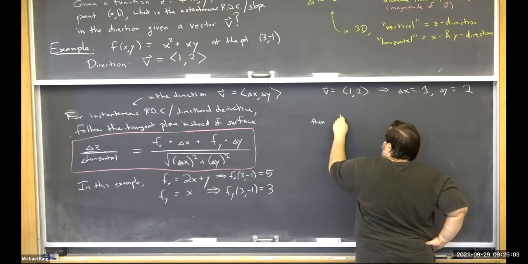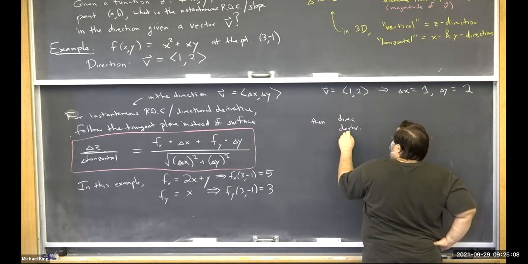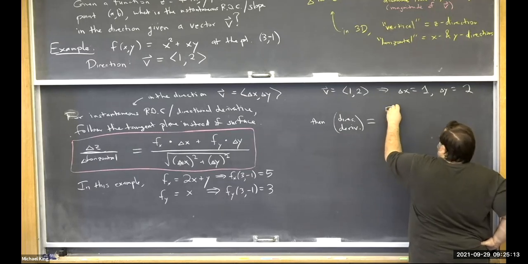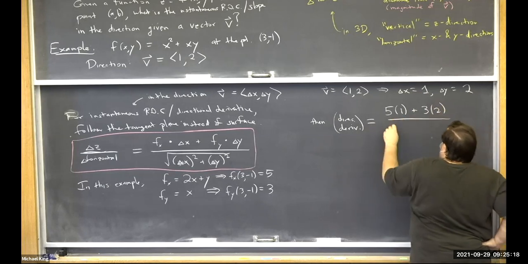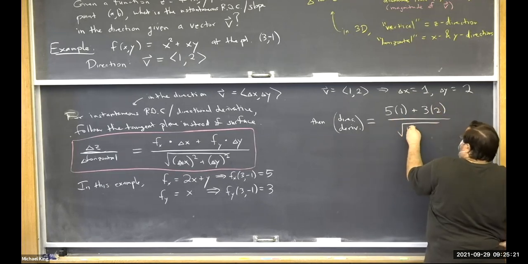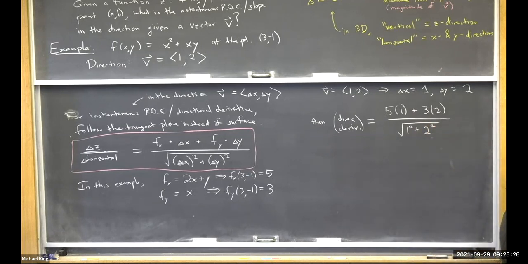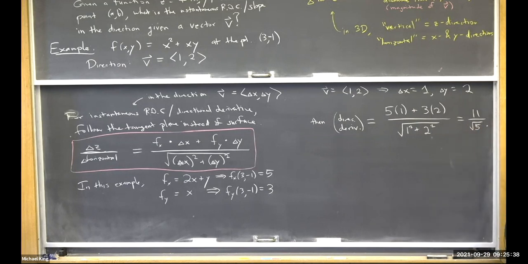Okay, so then the directional derivative, being lazy, is 5 times 1 plus 3 times 2 over the square root of 1 squared plus 2 squared, is that right? So that's 11 over root 5, which may not mean that much to us, but hey, it's a number.